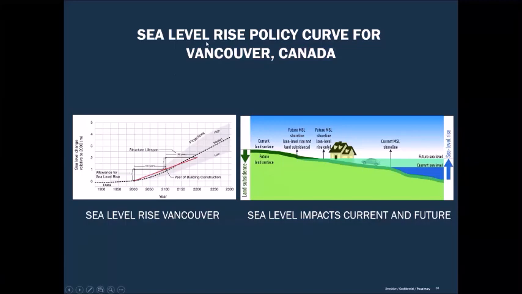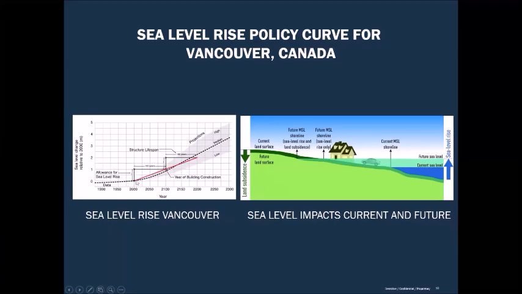This is the sea level rise policy for Vancouver, Canada. We have been using, for the next 100 years, a sea level rise of 1 meter.